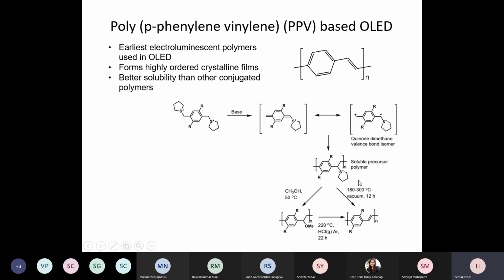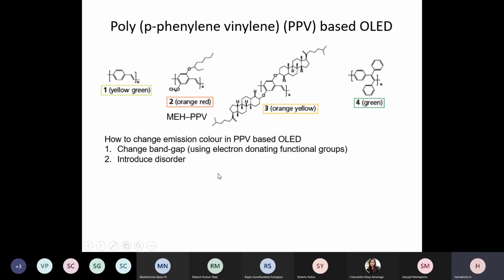The PPV band gap is such that the earliest systems are, of course, going to be highly inefficient, but over time, people have come up with more variations in the traditional PPV structures, variation that has electron donating group with some hydrocarbons, and we know that electron donating groups change band gap, that changes color. You can have donating groups and then unusual, really big looking structures.